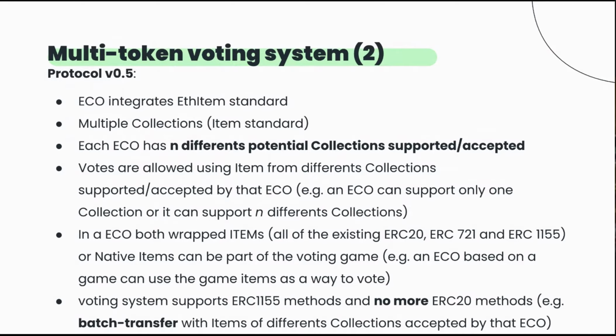So the votes are allowed using items from different collections, as I said before, supported by that ECO. In an ECO, both wrapped items, so all existing, for example, ERC20 or ERC1155, or native items can be part of the voting token. So we can use a wrapped item or a brand new collection, so a brand new native item created.